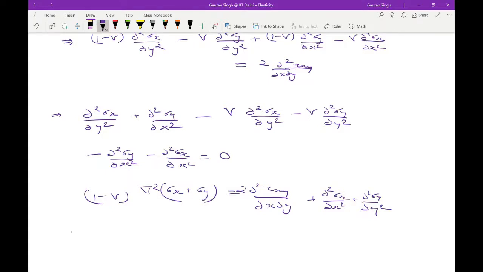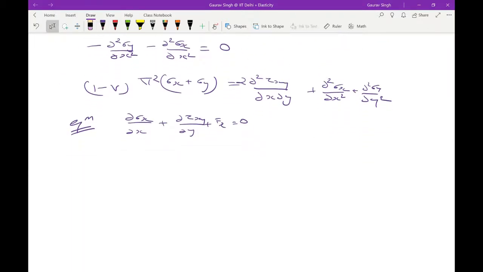When you have the equilibrium equation ∂sigma x/∂x plus ∂tau xy/∂y plus fx, this should imply you have a minus of ∂fx equal to ∂²sigma x/∂x² plus ∂²tau xy/∂x∂y.